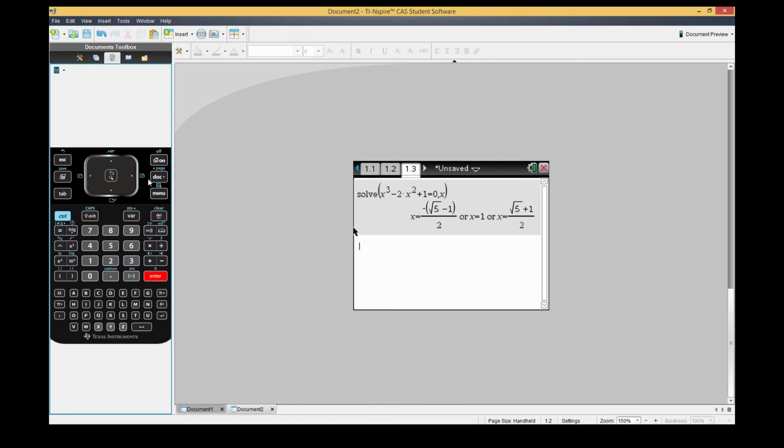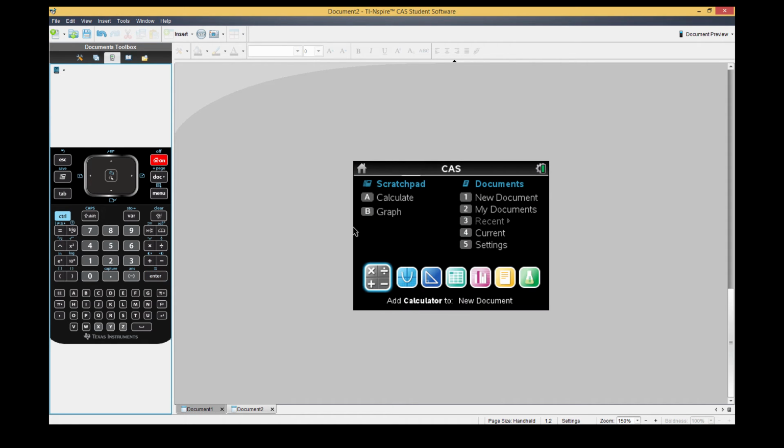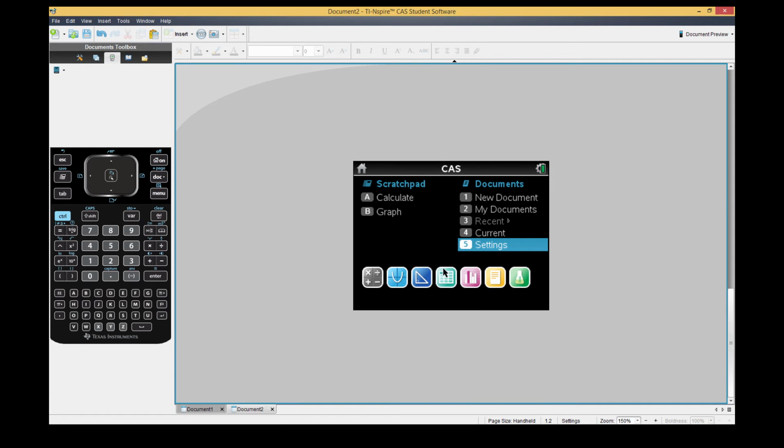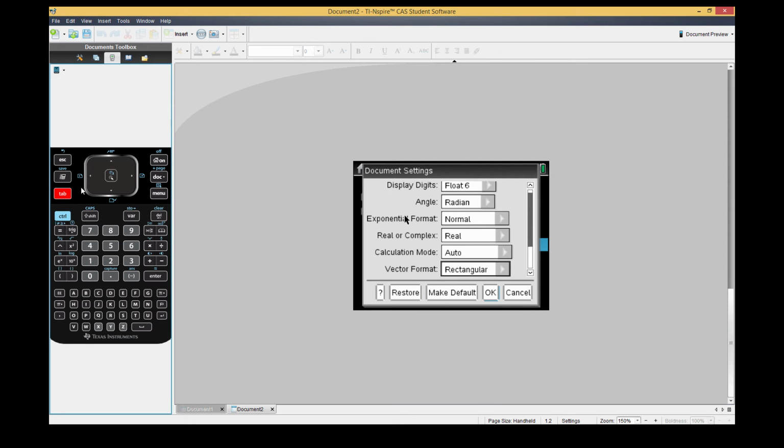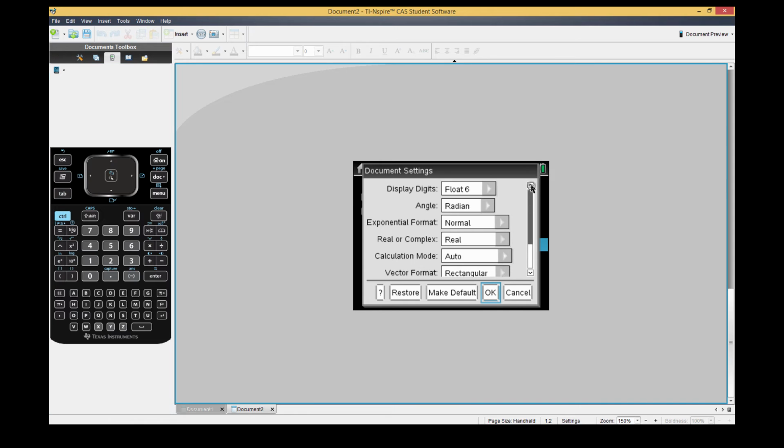Now I'm just going to fix up my calculator here, change the settings. I want to change this from auto to approximate.